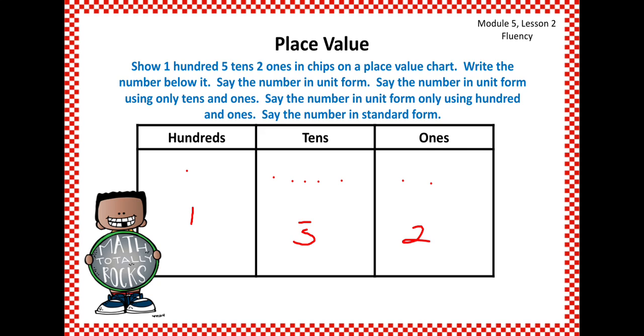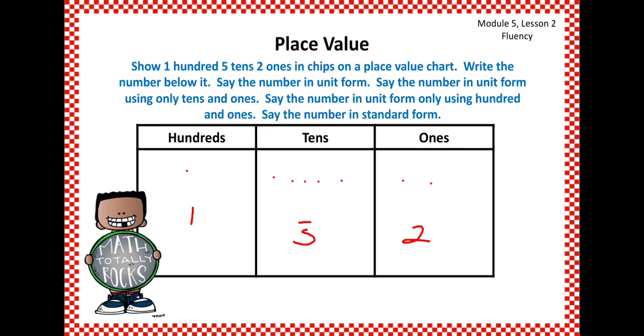The number has been represented before us. Now this is 100, 5 tens and 2 ones. So the number in unit form using tens and ones only is going to be 15 tens and 2 ones. Now let's say this number in unit form using hundreds and ones only.